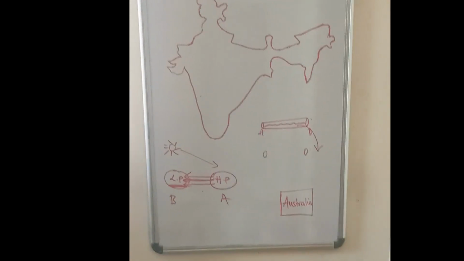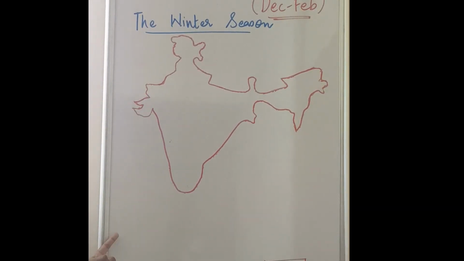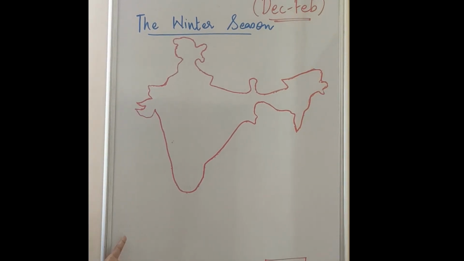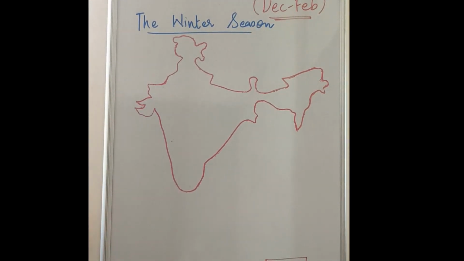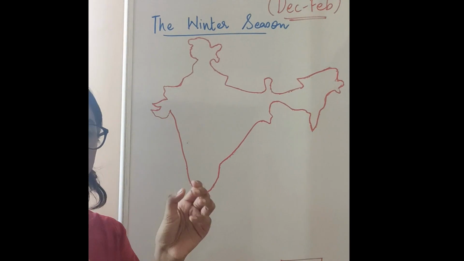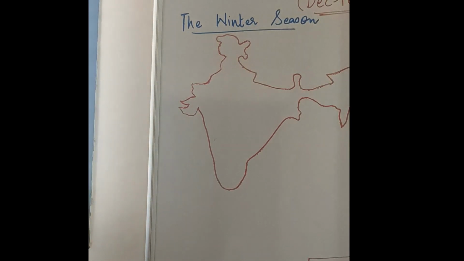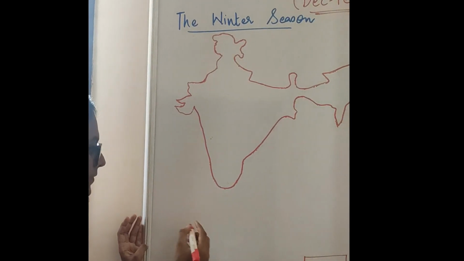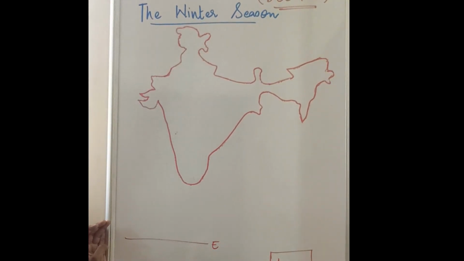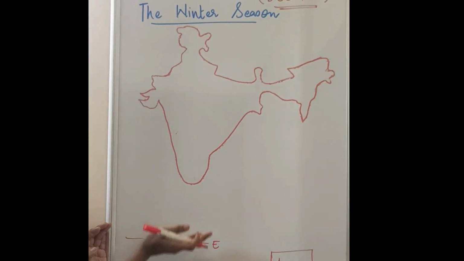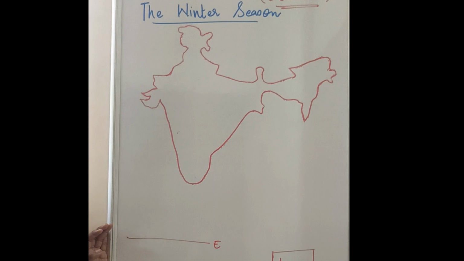Another important basic thing that you need to know is something called the Coriolis effect. But let's not worry about the name Coriolis, that's not important. We need to know what this effect is. So here is the equator, here is the southern hemisphere, here is the northern hemisphere.